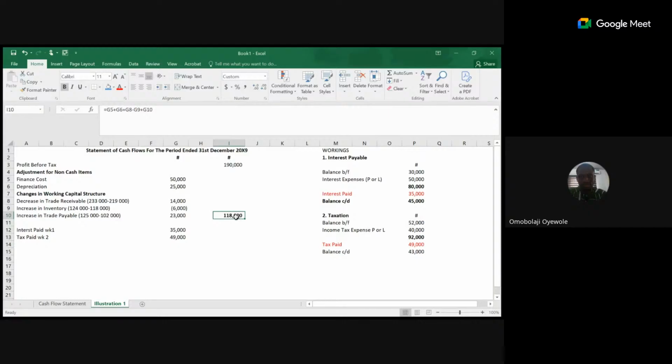Please let's confirm. 50,000 plus 25,000 plus 14 minus 6. Oh, that's 106,000. Why is it giving me 118? Let me recalculate again. 50,000 plus 25,000 plus 14,000 minus 6,000 plus 23,000.